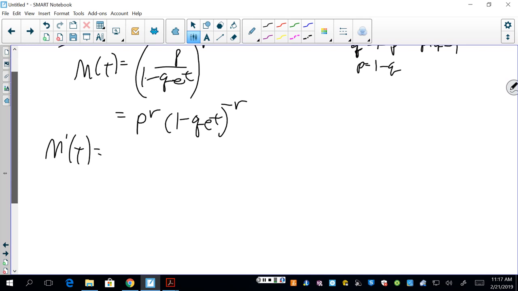So p to the r is just a number. It doesn't involve t. And then this is something to the power. So you can take that power outside, 1 minus q e to the t, and then the power goes down by 1. And then you take the derivative of what's inside. So negative q e to the t.